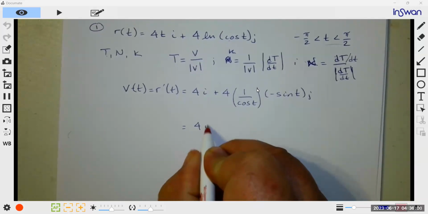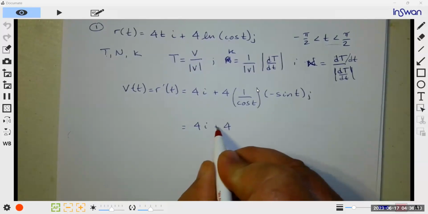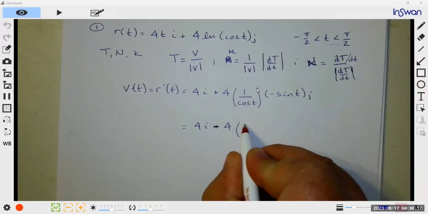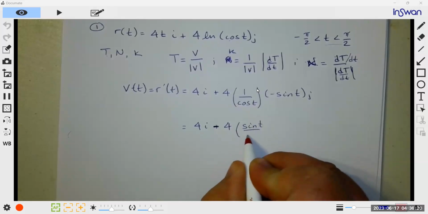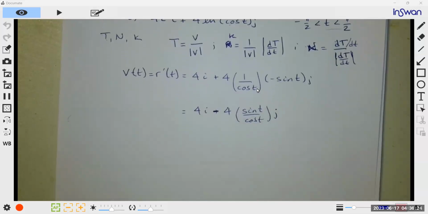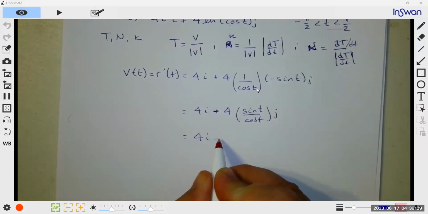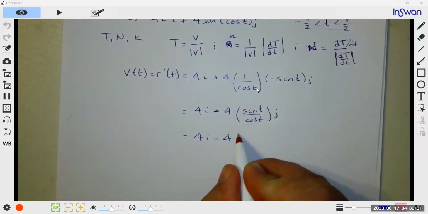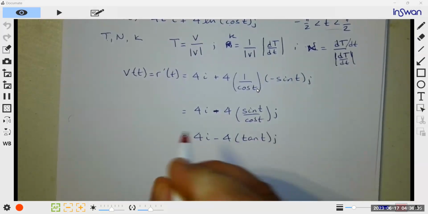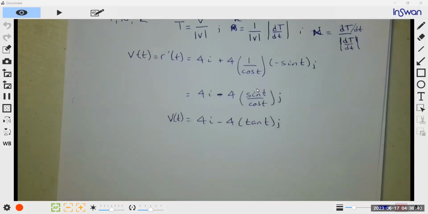So that equals 4i minus 4 sine t over cosine t j. Sine over cosine is tangent. So that's what our v equals.